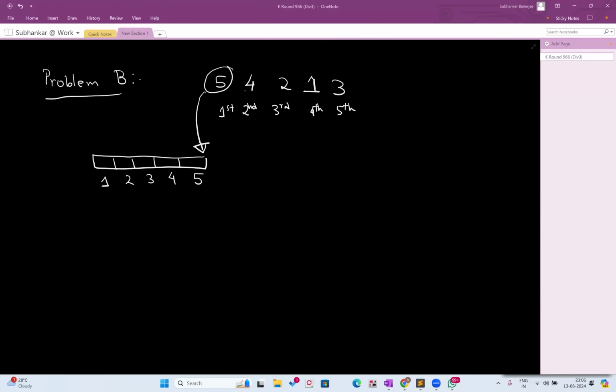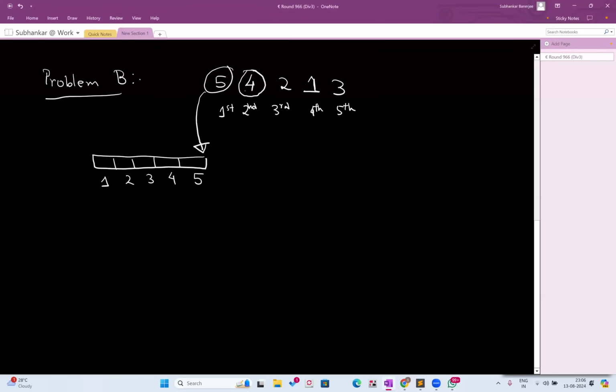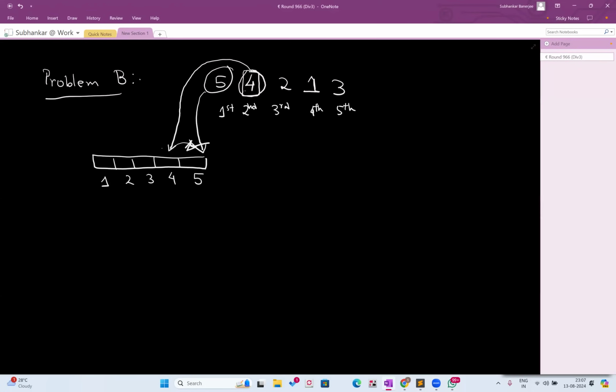Next, the second passenger comes. Since A2 is 4, he wants to occupy the fourth seat. For the fourth seat to be occupied, we have to check whether either the fifth or the third seat was occupied previously.